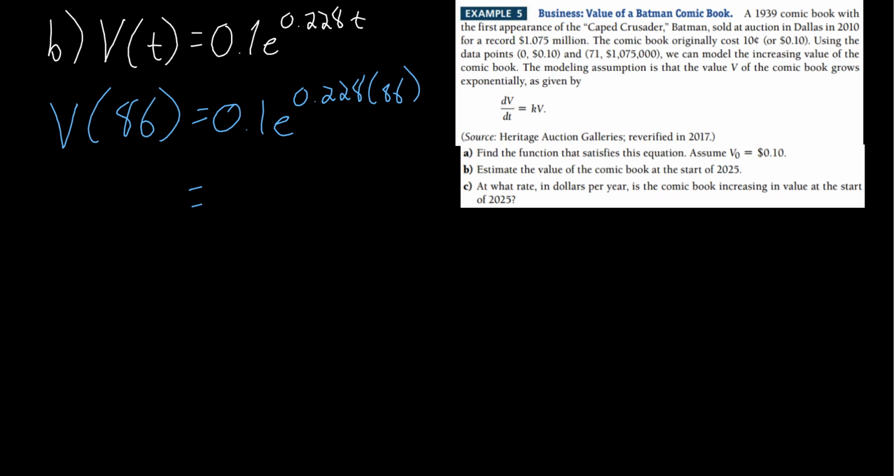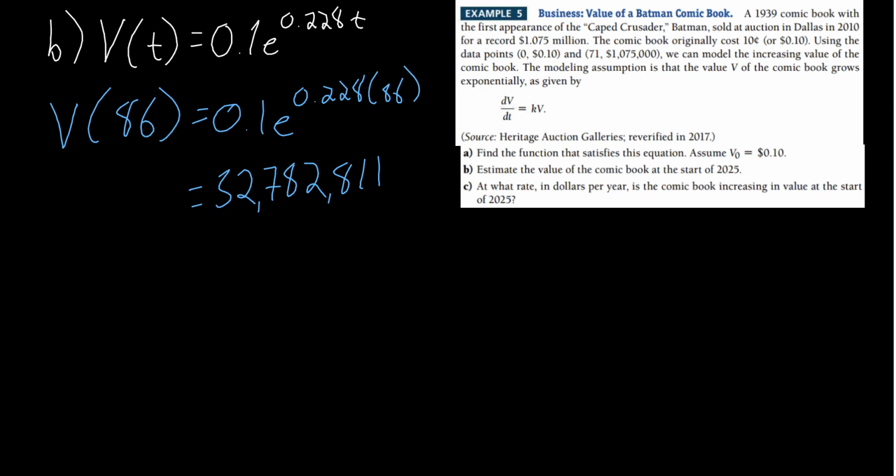Holy smokes. It's a lot of money. Okay, so it is 32,782,811. So $32 million.